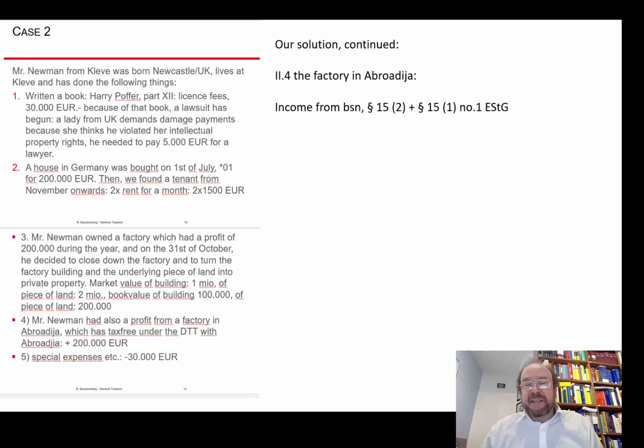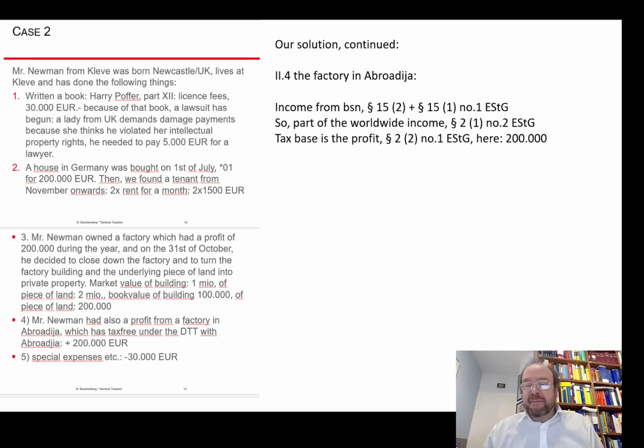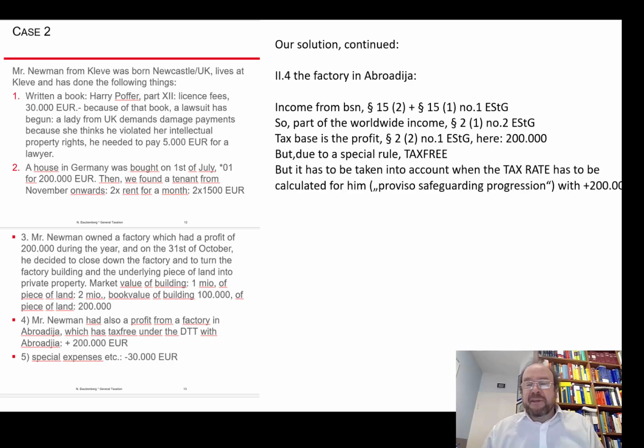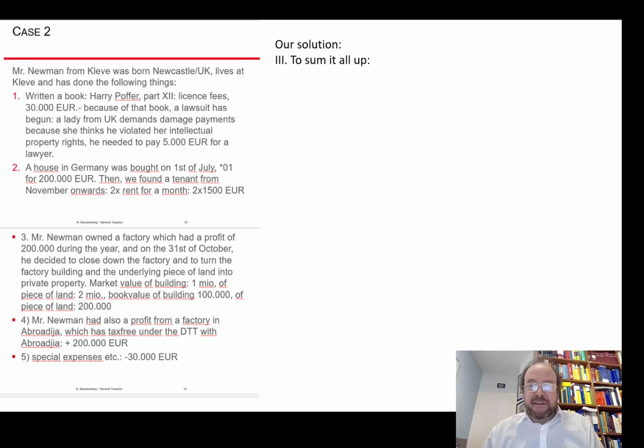The factory in Abrodia is again income from business, part of the worldwide income. So it matters always, at least for the progression. The tax base is the profit, and due to a special rule in the double taxation treaty, which is given here, so not to be debated, it's tax-free. But then tax-free amounts have to be taken into account for the tax rate calculation, so we need it later.